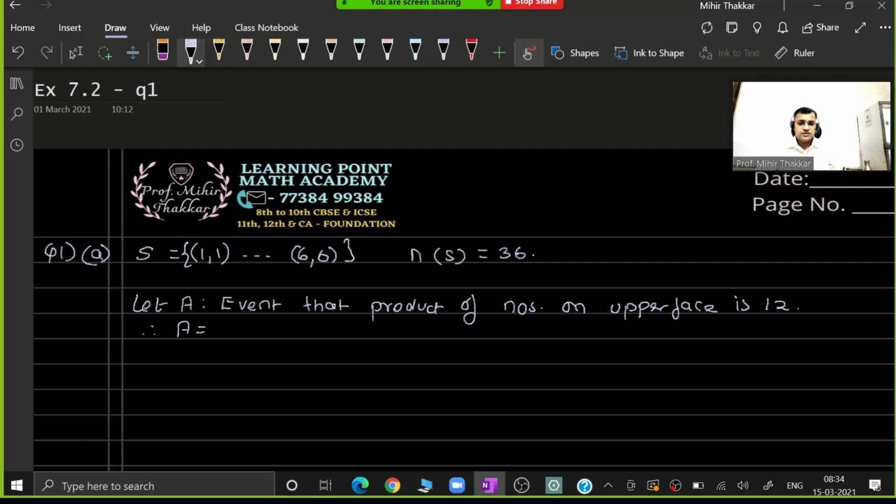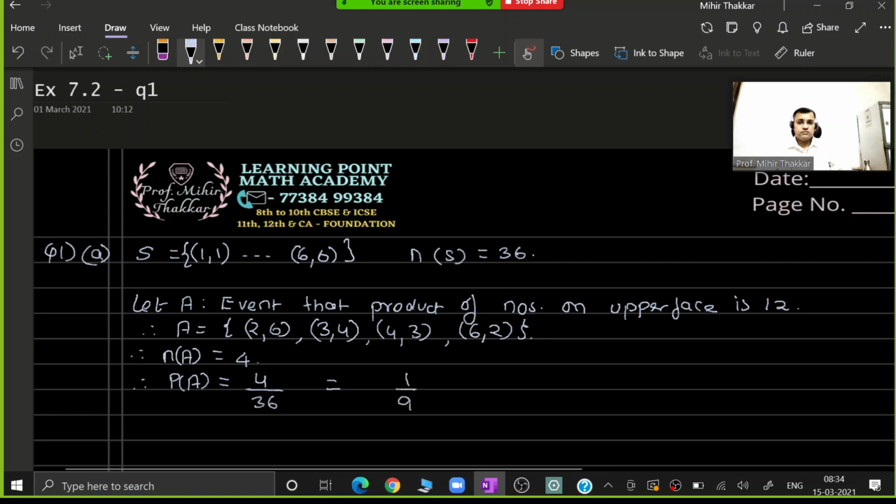So in this case, the events that we will be writing, as I told you, 2, 6, 3, 4, 4, 3, and 6, 2. Therefore, n of A is 4, and P of A over here comes out to be equal to 4 upon 36. On solving, it will give us 1 upon 9.